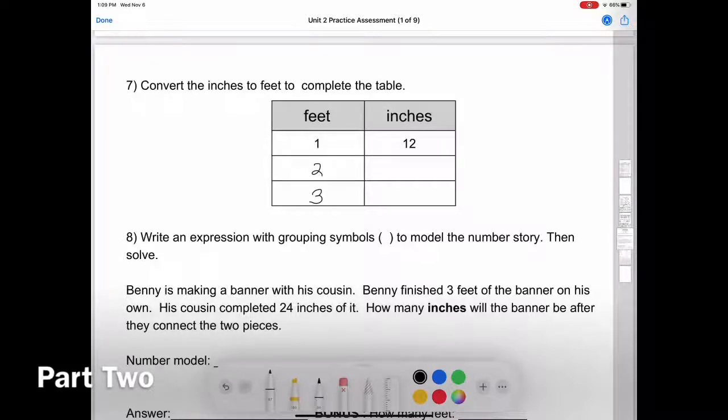Aaron? 24. Good job. I like how nice and loud you are. We could hear you on the recording. Daniel? 36. Good. So what is happening between the feet and the inches? What are you multiplying? Carvel? You're multiplying the numbers times 12, right? Keep that in your brain for the next part.